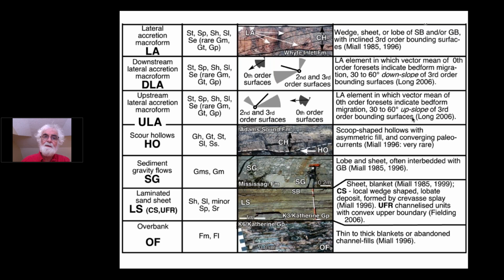The lateral accretion surfaces are quite common, and if we look at the elements within those, we can see whether they are pure lateral accretion, downstream lateral accretion, or upstream lateral accretion, depending on the relative orientation of crossbeds to the bounding surfaces. We find scour hollows.